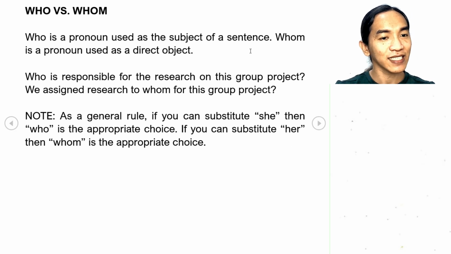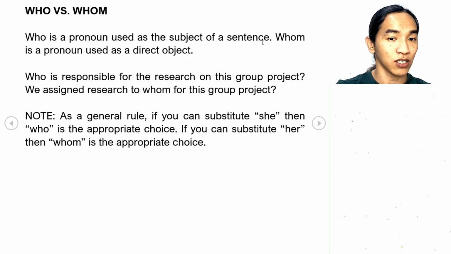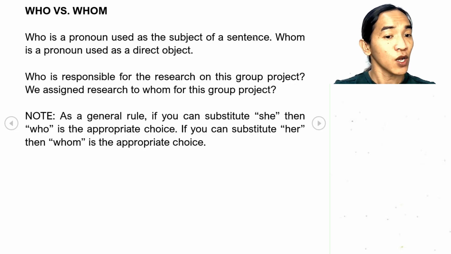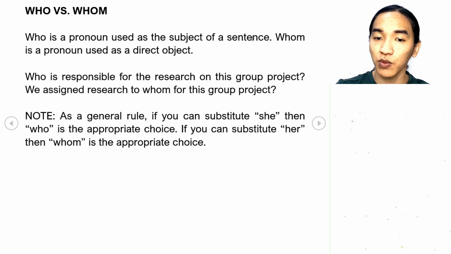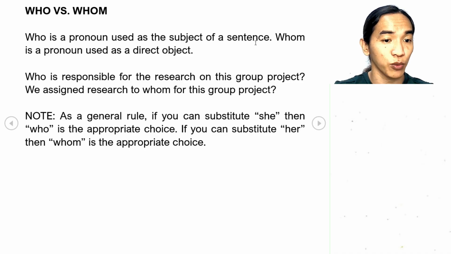Next terms, we have who versus whom. Who is a pronoun used as the subject of the sentence. Whom is a pronoun used as a direct object. Who is responsible for the research on this group project? We assigned research to whom for this group project.